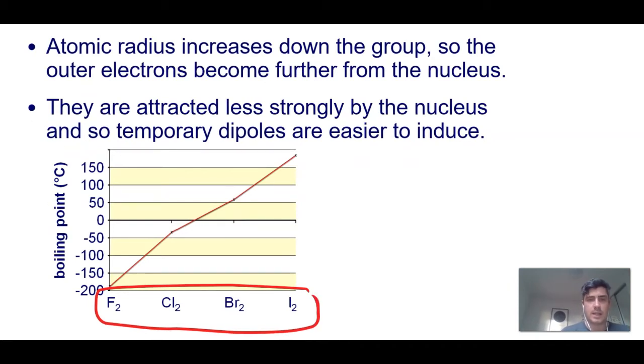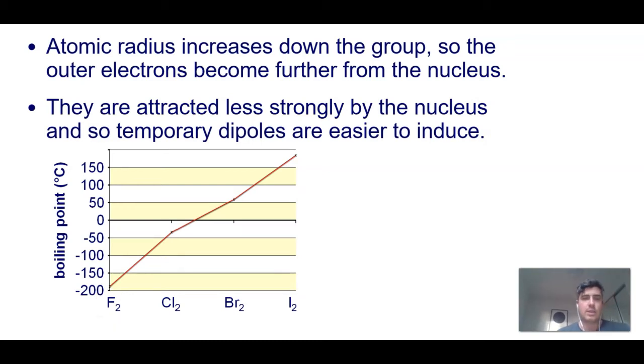we get commonly a diatomic molecule like F2, Cl2, Br2, and I2. And if we look at the boiling point of these, we can see that as we increase the number of electrons in the atom, so iodine is much bigger in terms of electrons and protons, but we're focusing on the electrons, than fluorine is, the boiling point and the melting point too would increase.